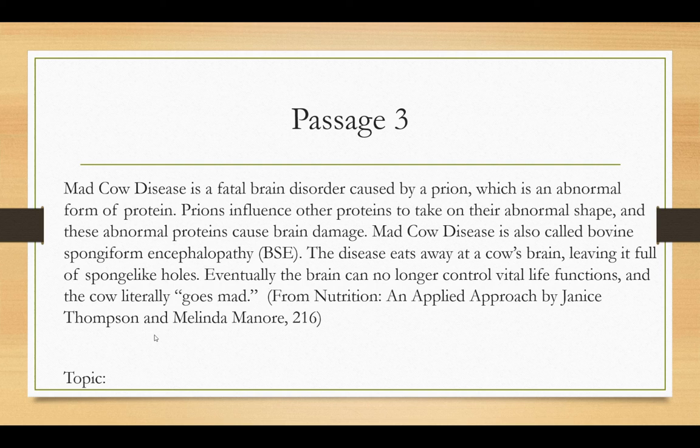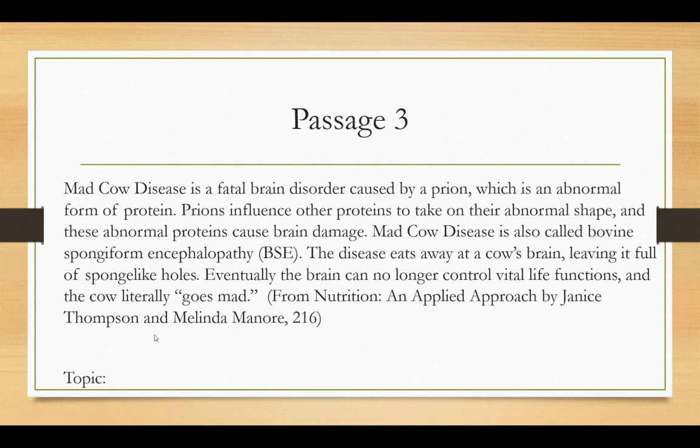Mad cow disease is also called bovine spongiform encephalopathy, or BSE. The disease eats away at a cow's brain, leaving it full of sponge-like holes. Eventually, the brain can no longer control vital life functions, and the cow literally goes mad.